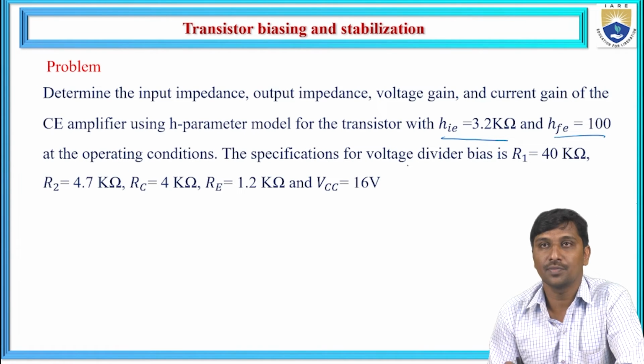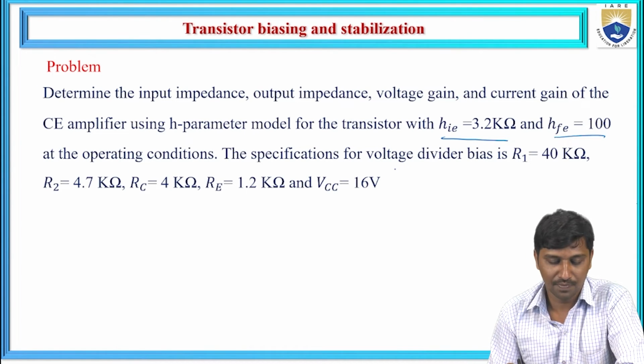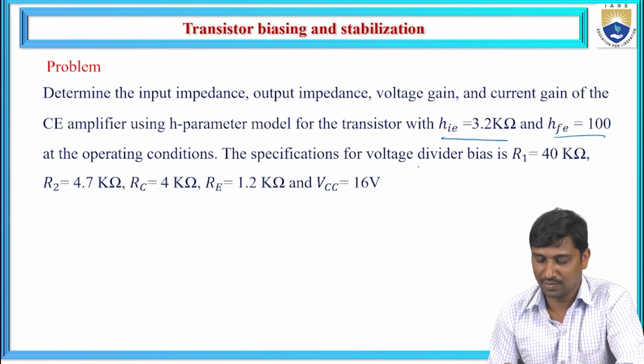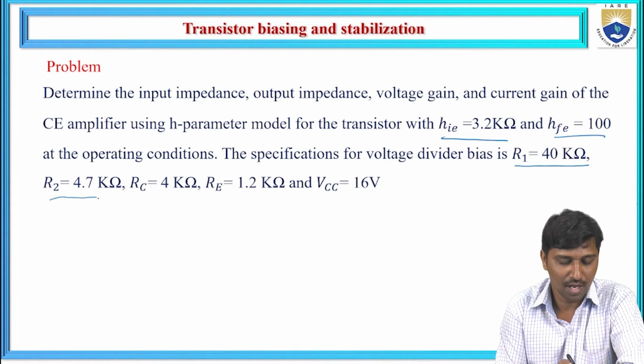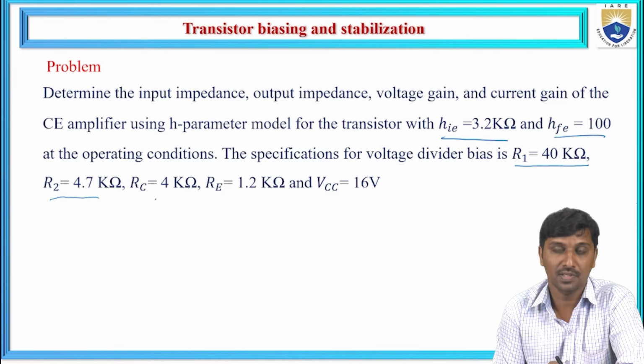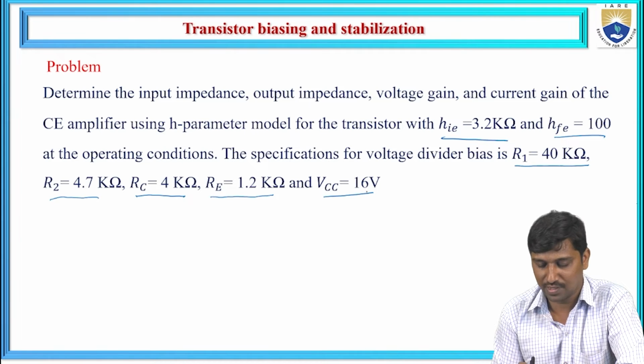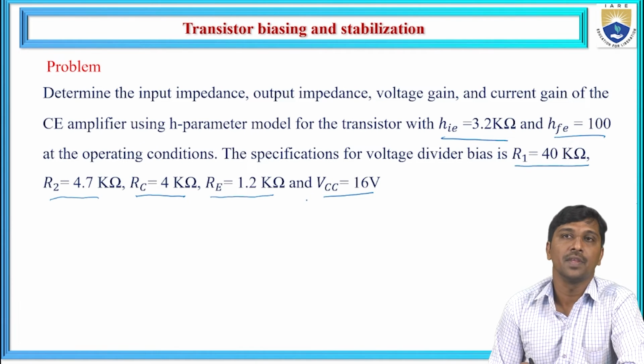The specifications for the voltage divider bias, to design the CE amplifier we are using the voltage divider bias. And this network contains the specifications: R1, the resistor 1 value, is 40 kilo ohms, R2 is 4.7 kilo ohms, the collector resistance is 4 kilo ohms, the emitter resistance is 1.2 kilo ohms, and VCC is 60 volts.